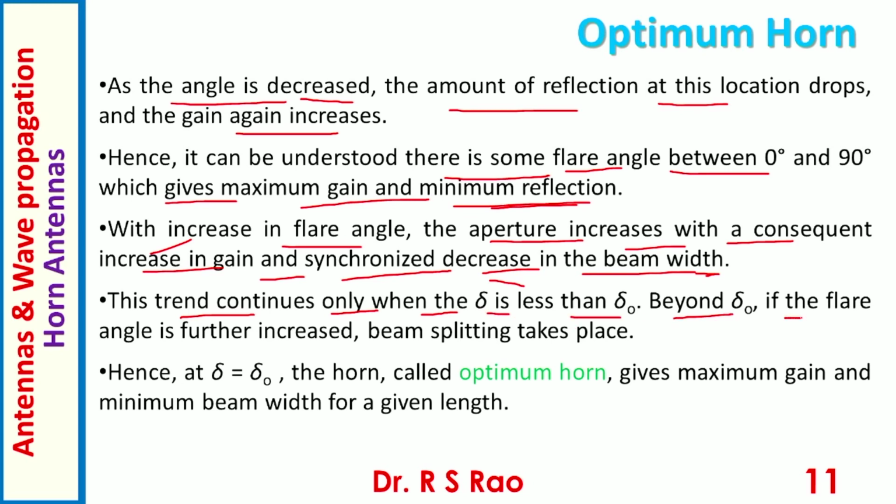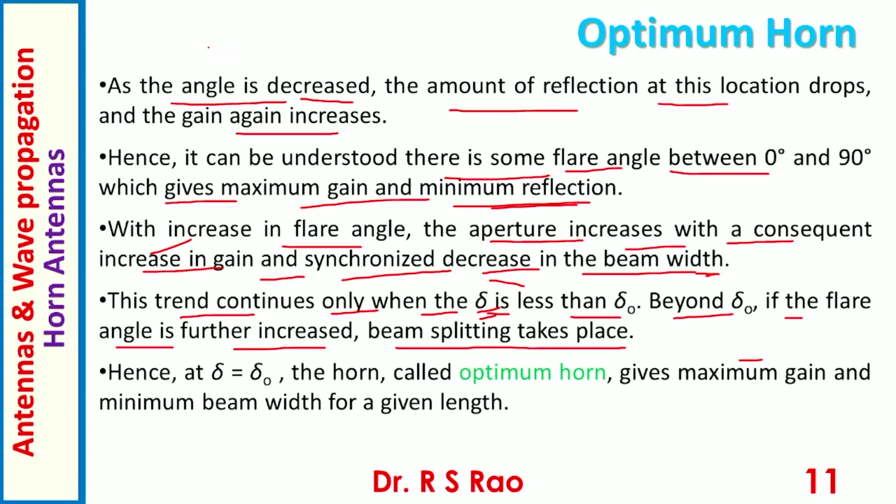Beyond delta naught, if the flare angle is further increased, beam splitting takes place. Hence, at delta equal to delta naught, the horn, called the optimum horn, gives maximum gain and a minimum beam width for a given length. In this discussion, delta has come into being.